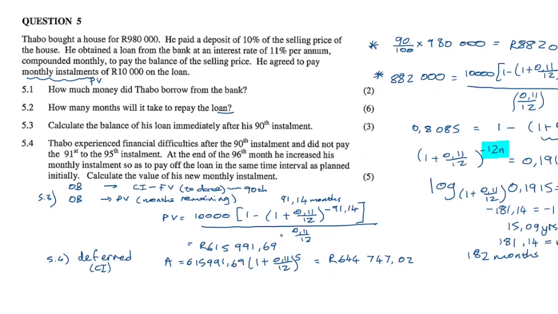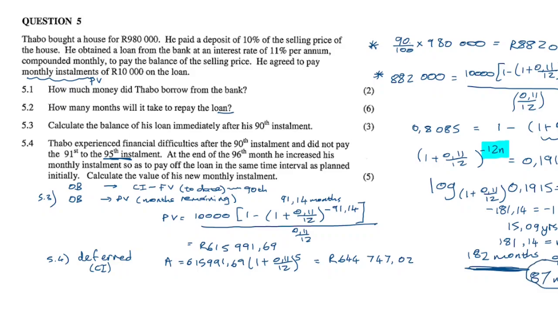Then to work out the new monthly installment, I know that the months left in this question should have been 182 from earlier. I'm now sitting 95 months later, and so I've got 87 months still to go in this question.